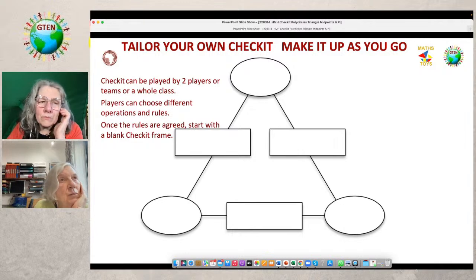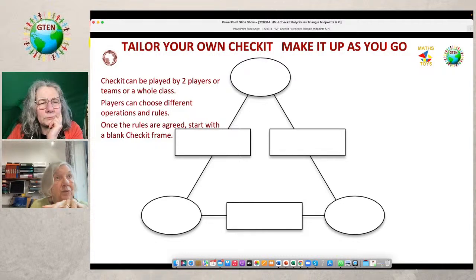In this game, what we've got is 6 empty boxes. So with 2 teams or 2 players, each fills 3 boxes. And so it's easy for the first person to go, and easy probably for the second.